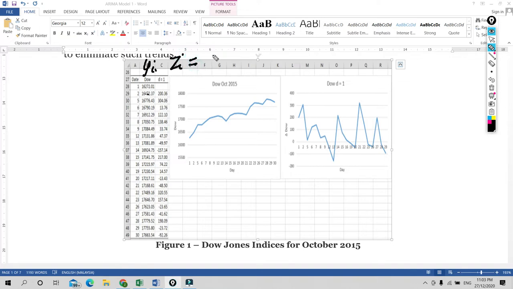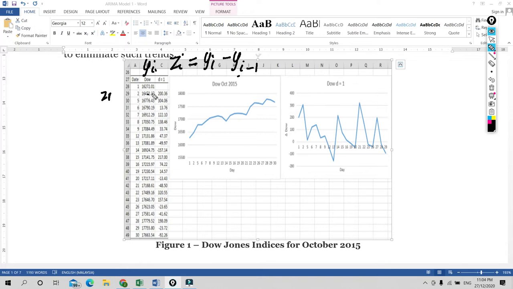The first order differencing is y sub i minus y sub i minus 1. Meaning, this first differenced value Z1 is the difference between the current value and the previous value.